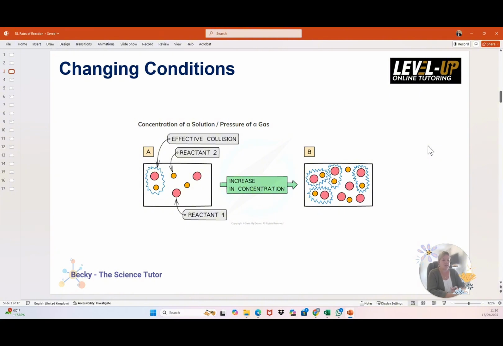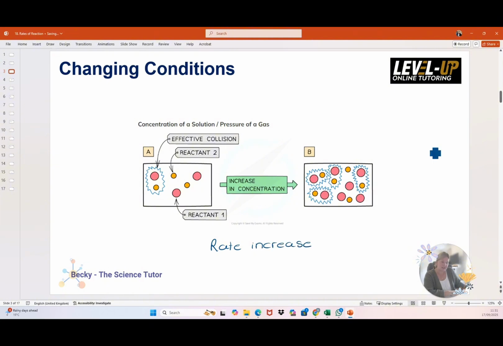Okay, so the first one is based around the concentration of a solution, and it's the same in theory for the pressure of a gas. So if we increase the concentration, the rate of reaction is also going to increase.